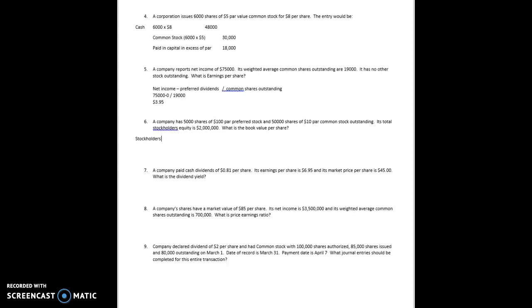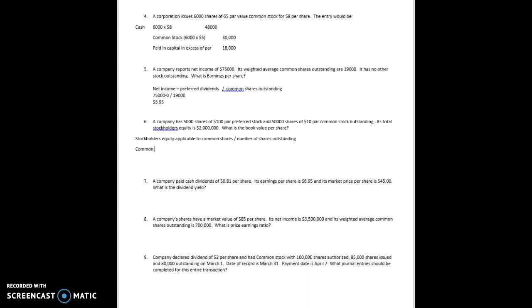Stockholders' equity that's applicable to common shares divided by the number of shares outstanding. But it says applicable to common shares, so we have to figure out what is the common stock equity. Common stock equity is calculated by taking our total equity and subtracting out any preferred equity.